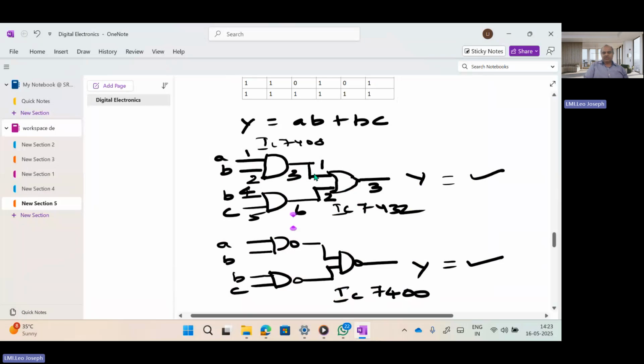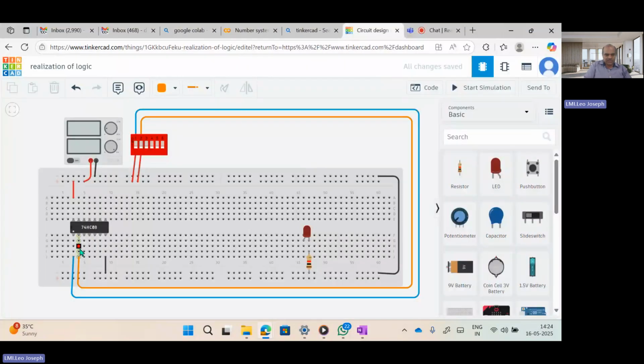So the third pin I need to connect to the first pin of IC7432. But before this, the second pin and fourth pin should be shorted, which we will see now. So I am giving this second pin and fourth pin, this is the fourth pin, right? This should be shorted. I am shorting this.